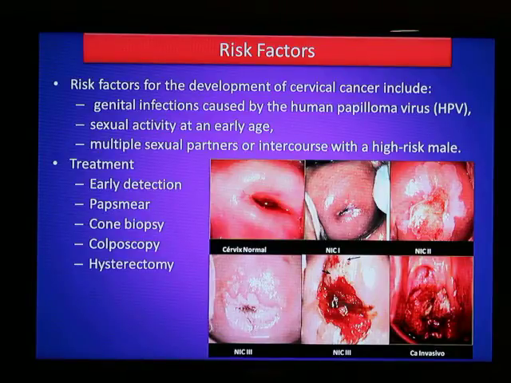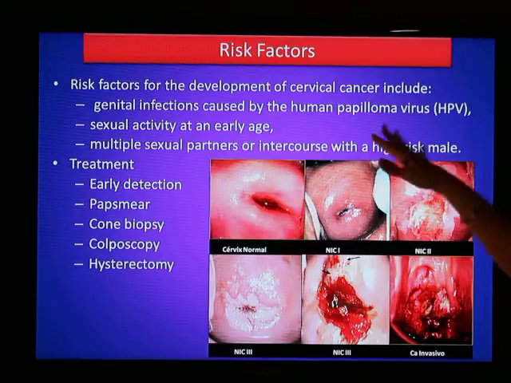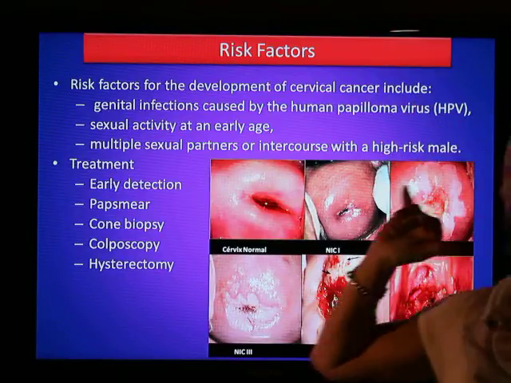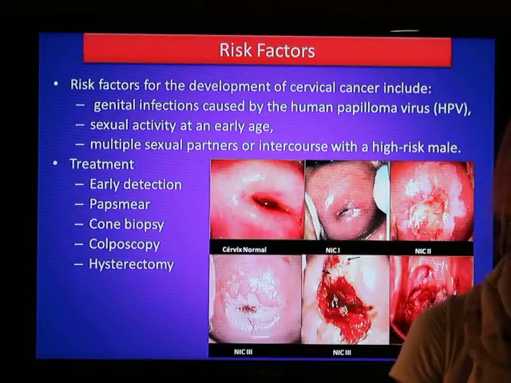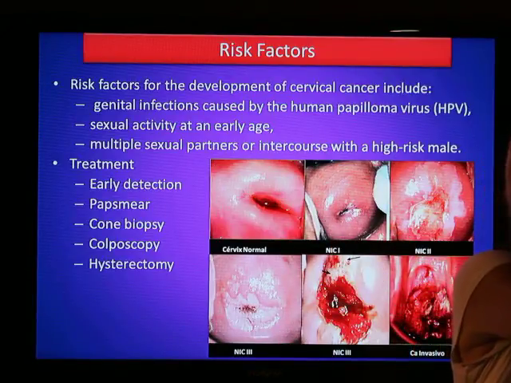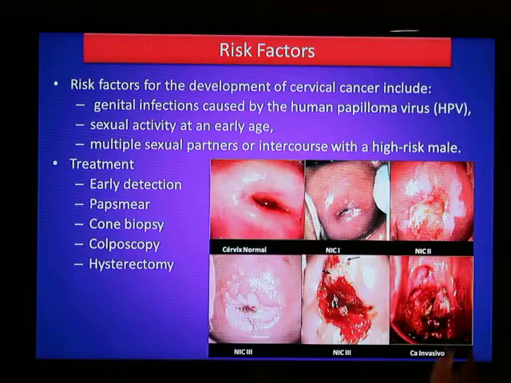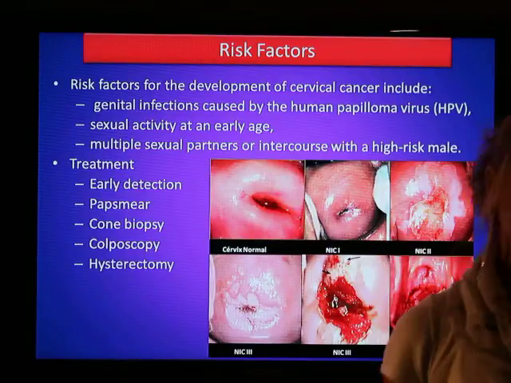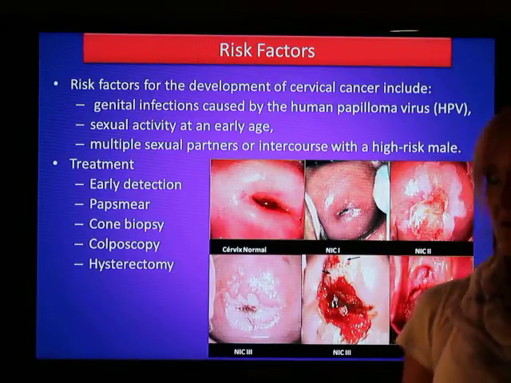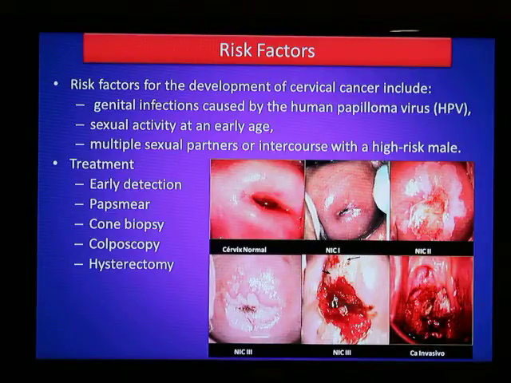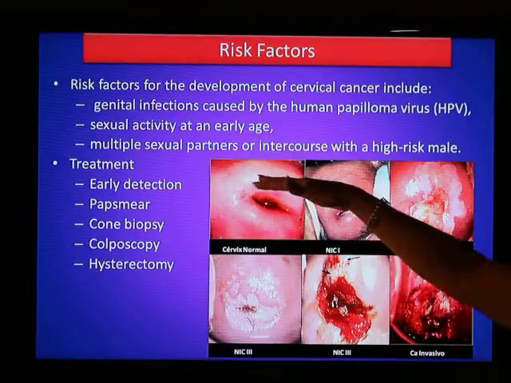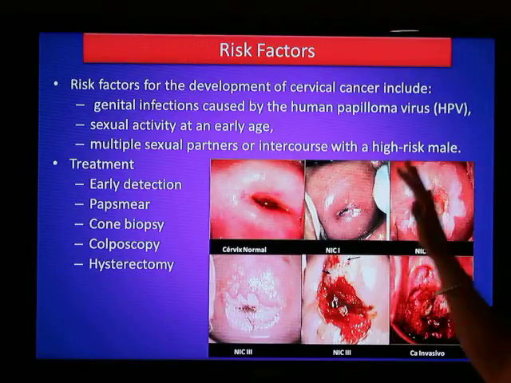So what do we do about it? First of all, what are the risk factors? The risk factor is anybody who is in a situation where they may have been exposed to the HPV virus, and obviously these are people who have started sexual activity at an early age. So we see this a lot in our younger adolescents, people that have had multiple sexual partners or intercourse with high-risk males.